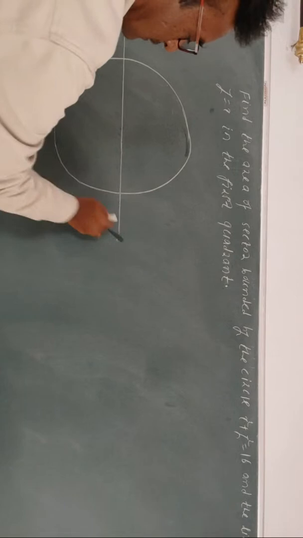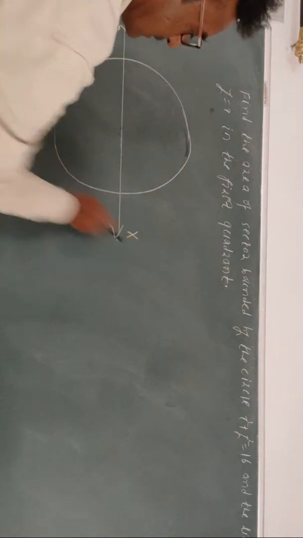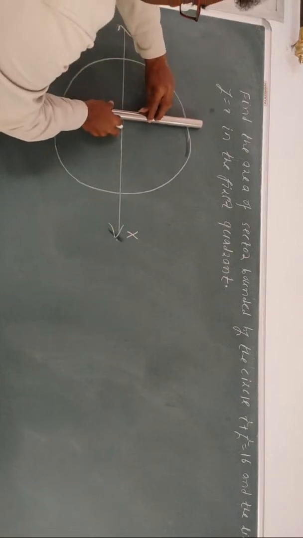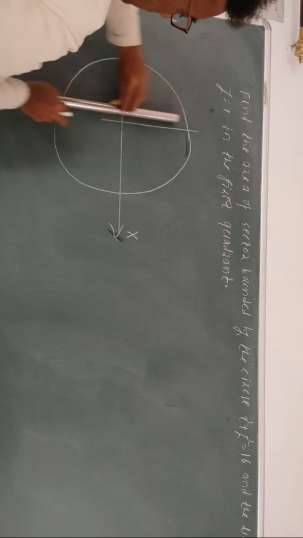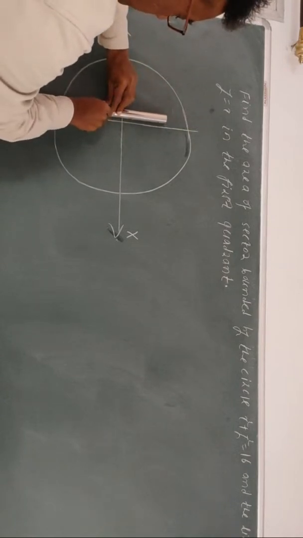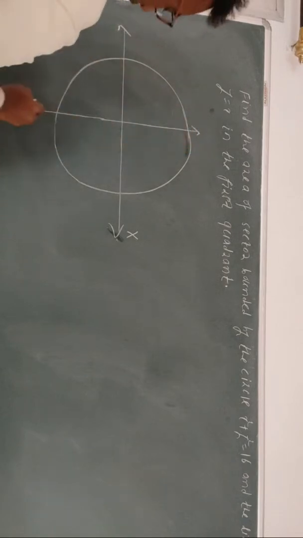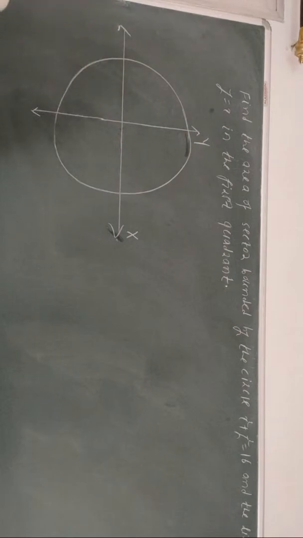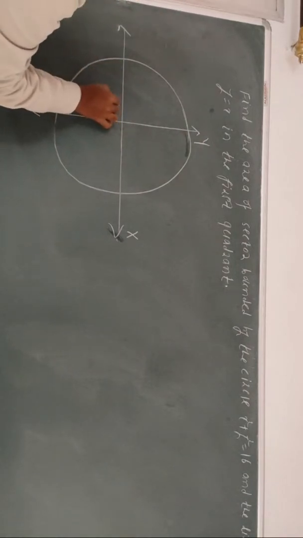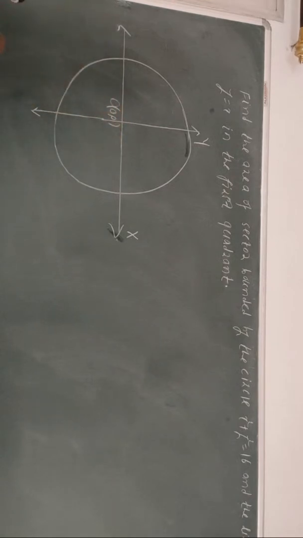This horizontal line is called the x axis, and the vertical line is called the y axis, and the point of intersection of these two lines is called the origin O, that is O(0,0).